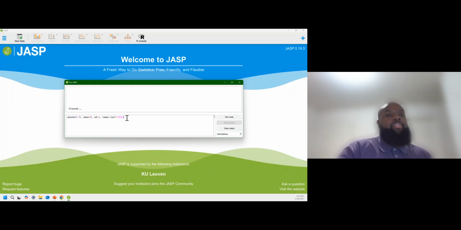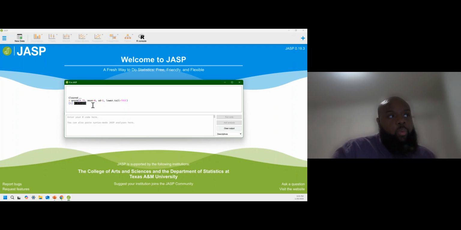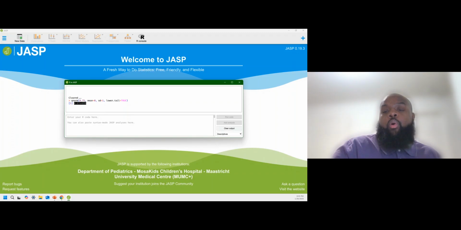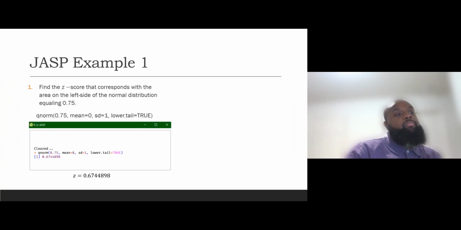I close that parenthesis. I click run code. And I get 0.6744898. This is what Z equals. Now that I know what Z equals, I can go and proceed forward to find my X. So I have that from JASP.